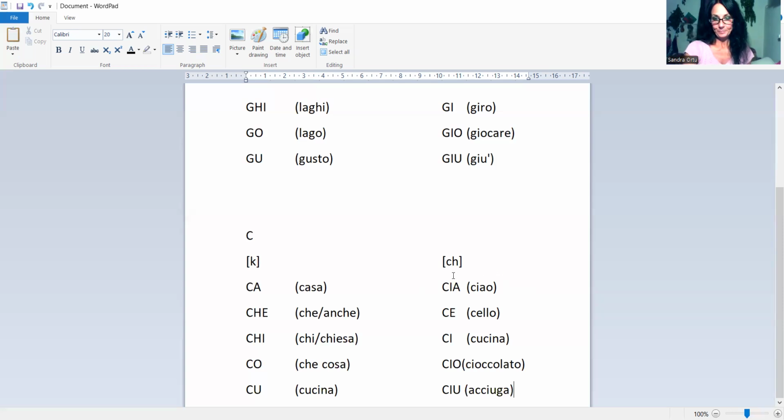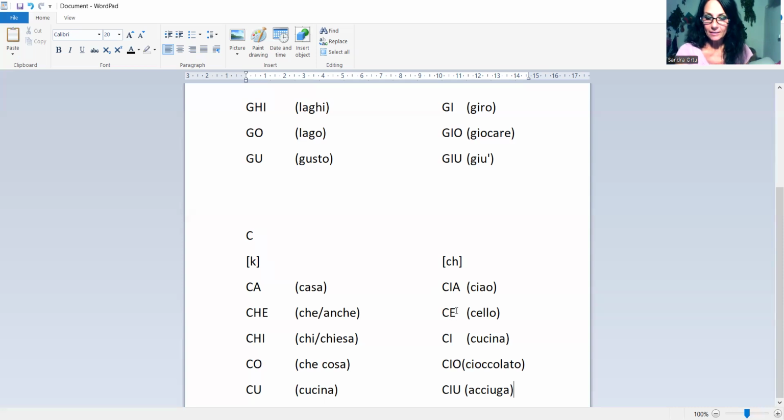And so once you learn how to write ciao, then you have to really memorize how it's written, but then apply that combination of letters to other words. There are obviously many other words with these sounds. I've just chosen a few.